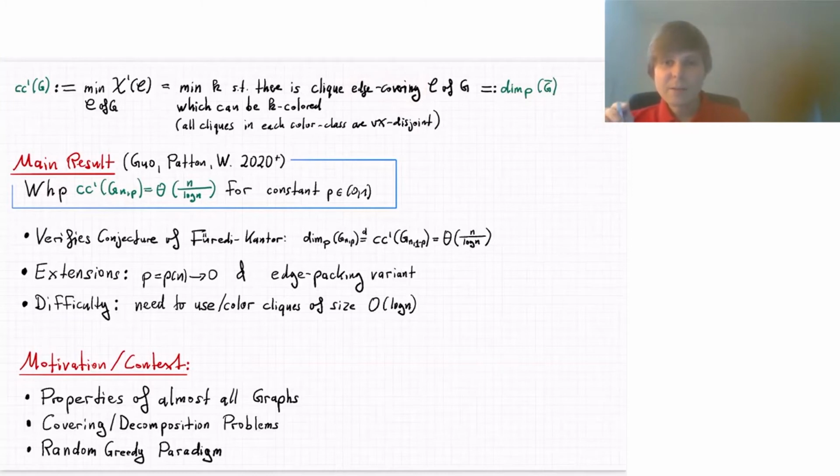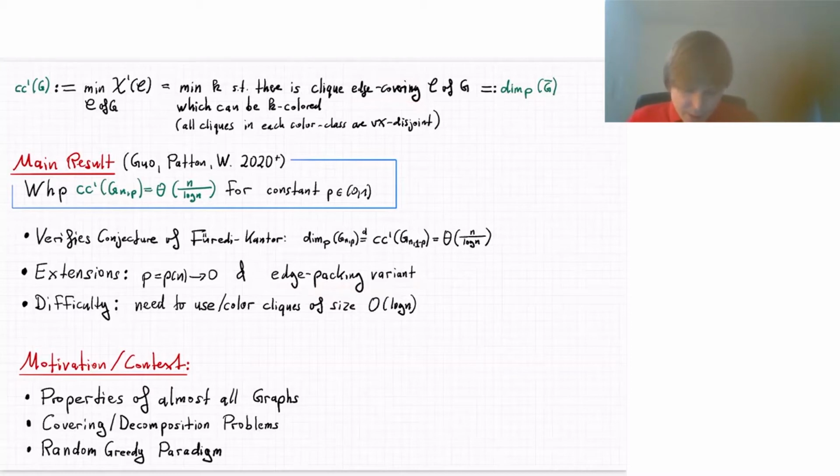In the context of various hypergraph problems, it's well known that covering problems usually tend to be a little bit easier than packing problems, because the constraint of being contained in at least one clique is a little bit easier to satisfy than the packing constraint that you need to be contained in exactly one clique. Nevertheless, in this context, we can also prove a packing variant of this problem. So instead of clique edge coverings, we look at edge packings.